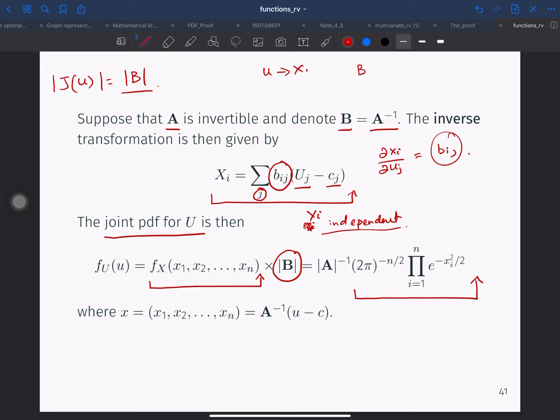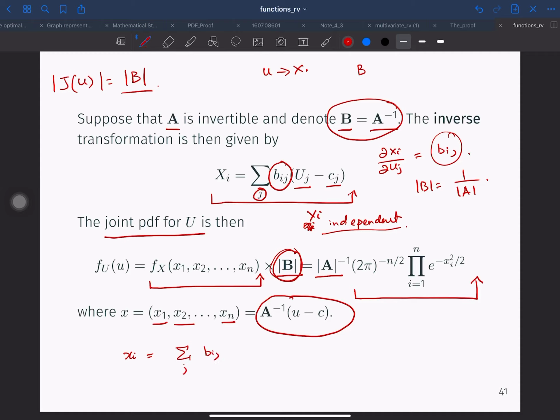And now I just have to multiply by the determinant of B. Because B is A inverse, the determinant of B is 1 divided by the determinant of A. The only thing that you have to be careful about is to note that this x, x1, x2 up to xn, is a transformation of the U. So in that sense, xi is the summation over j of Bij times uj minus cj. That's how we go from the U back to the X.